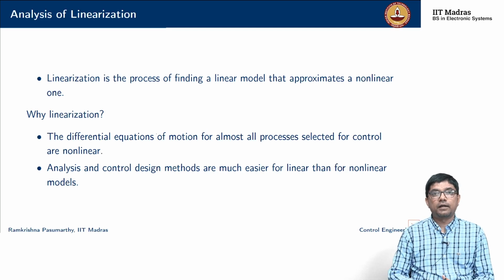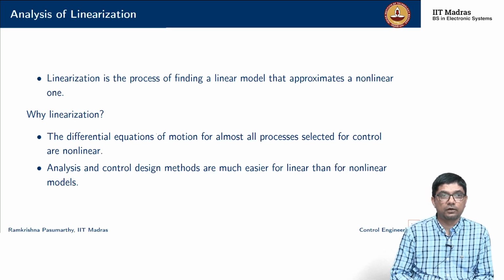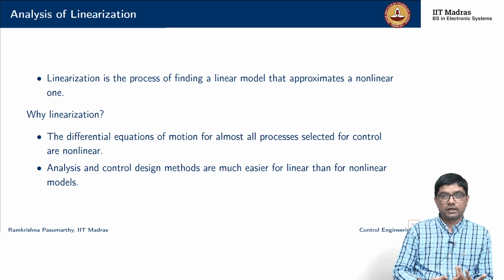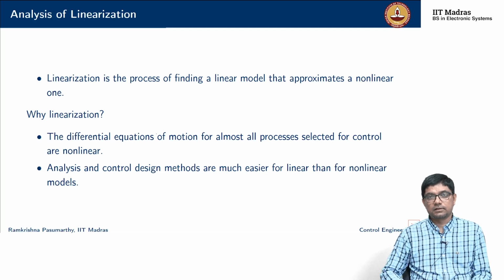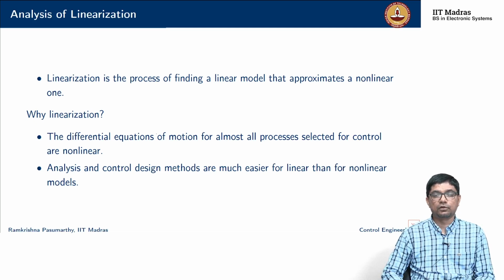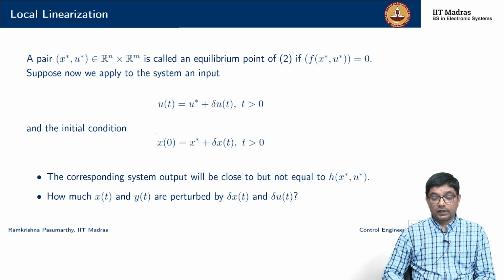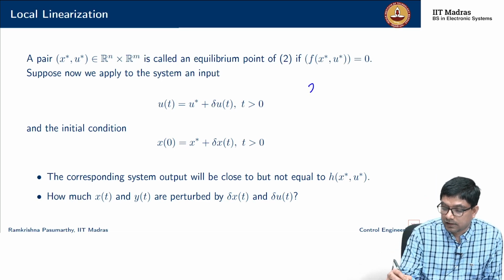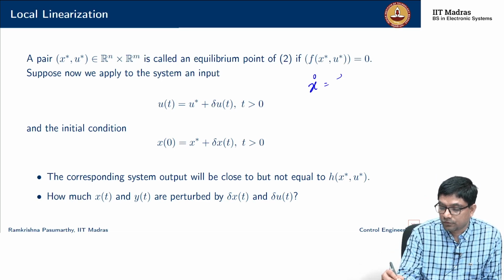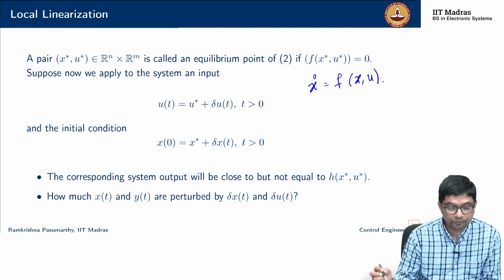So we find an approximation to this nonlinear system, and why linearization? Well, the differential equations for almost all processes are nonlinear, and as we will see, of course, we will restrict our discussions only to linear systems. The analysis and control methods, including stability analysis methods, are much simpler for linear systems than for nonlinear systems. Okay, so local linearization. I now start with a system of the form x dot equal to f(x, u).